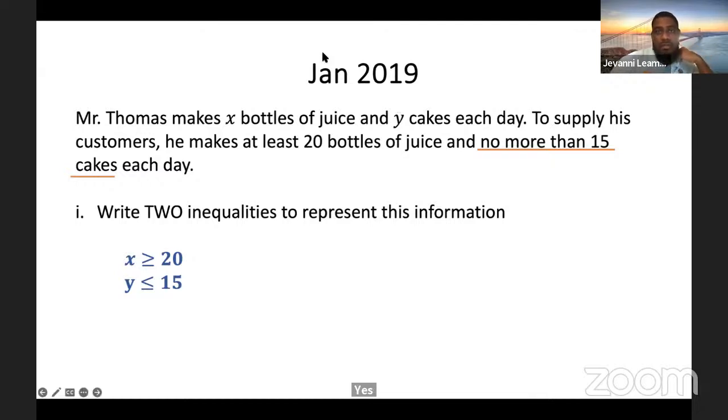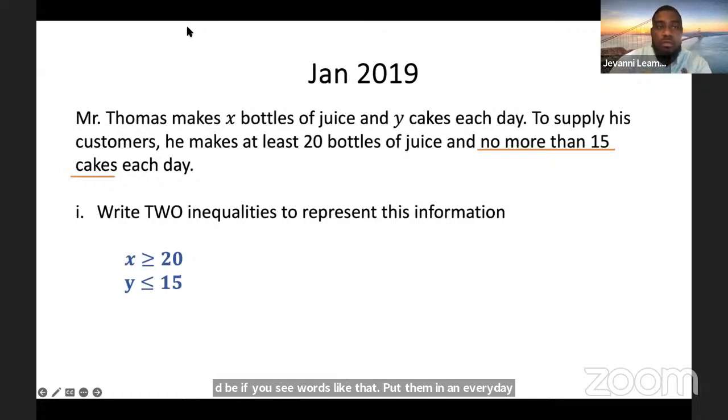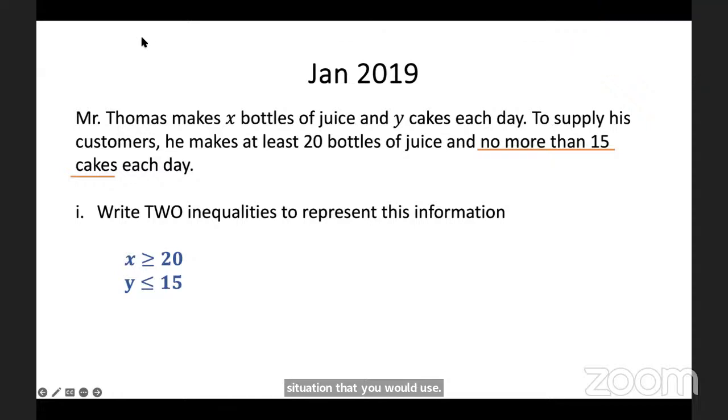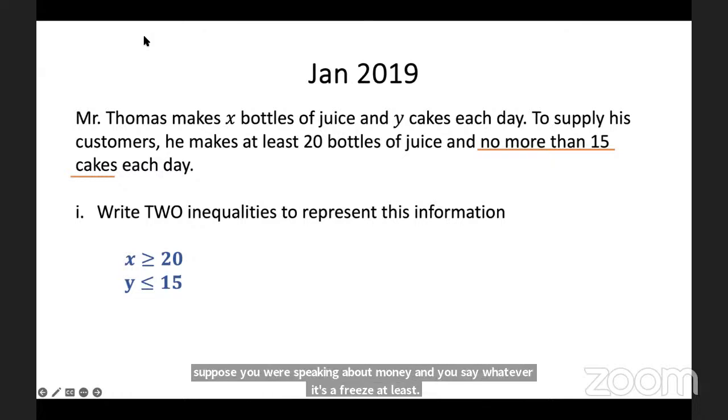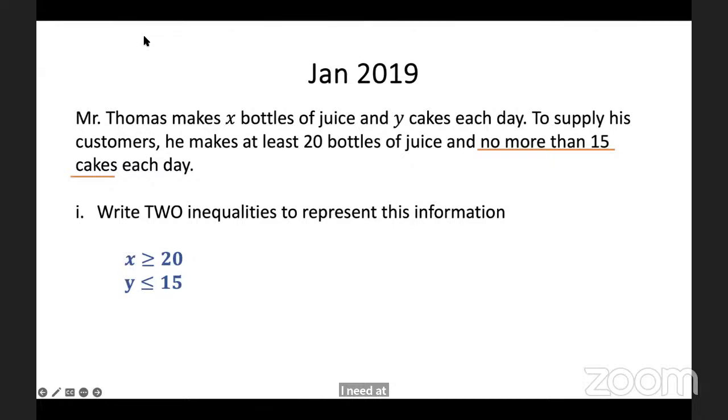So my suggestion would be, if you see words like that, put them in an everyday situation that you would use, as Ms. Harris was saying, for example, money. Suppose you were speaking about money and you say, I need at least $500. What does that mean for you? What are you trying to say to yourself? So use the term in an everyday sense. We call that solving a simpler problem, something that you know already, and then see how you can fit the phrase back into the question to understand what it means.